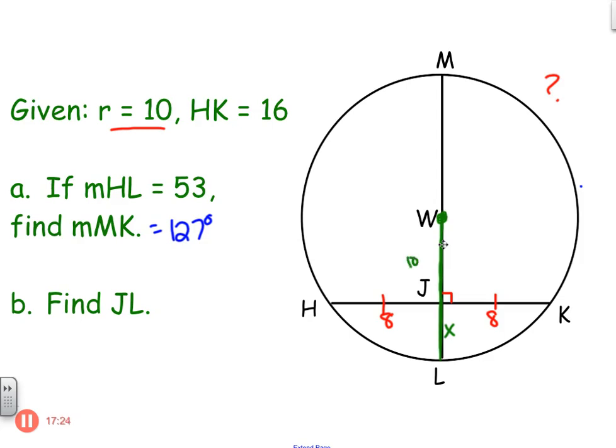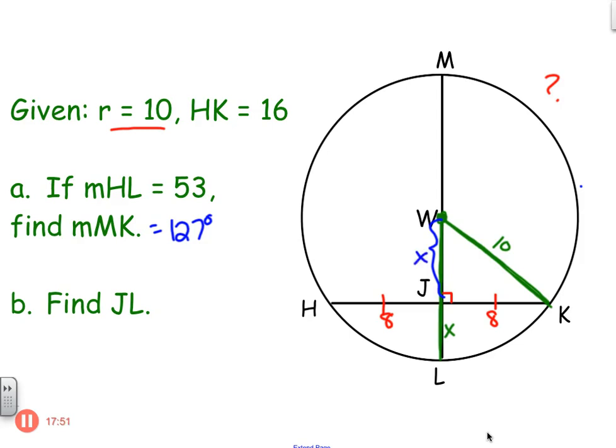So what I could do is I could make another radius of a 10, and then I could solve for this piece and subtract that from 10 to give me X, because I know the whole thing of WL is your radius. So if you find this piece, you'll subtract it from 10 to get X. So let's do that.